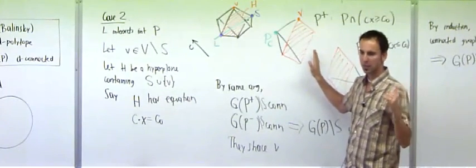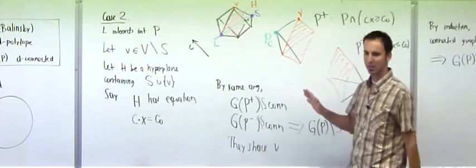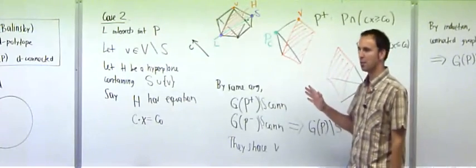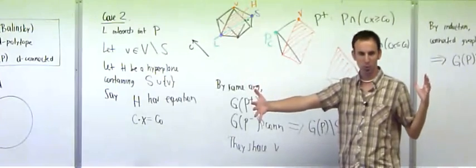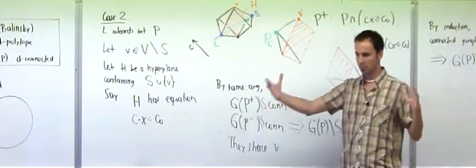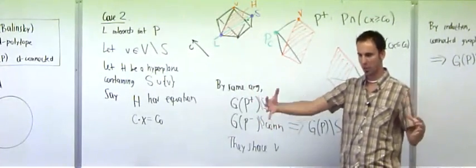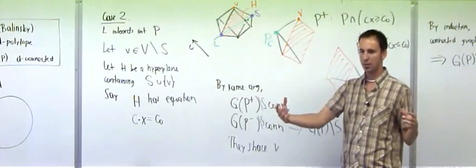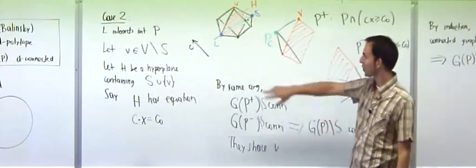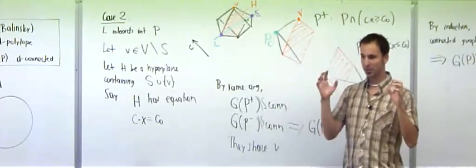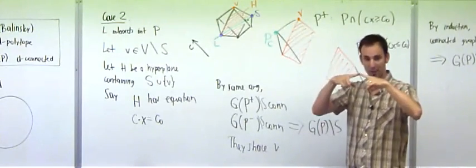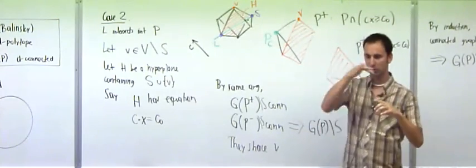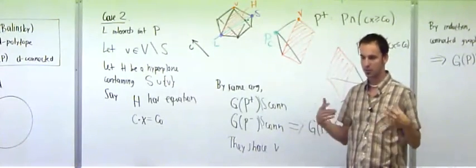And I wanted to reduce to that case, so what I said is, okay, well, if it's not an extreme hyperplane, let me just force it to be by just cutting the polytope open, and now it's extreme in both cases. Then you repeat the argument that you just did, and then thanks to the vertex that you chose for us, V, that is the key vertex that allows you to say, well, if this part is connected, and they actually have a common vertex, then that allows me to go from one part to the other part. And that shows how the whole graph is connected.